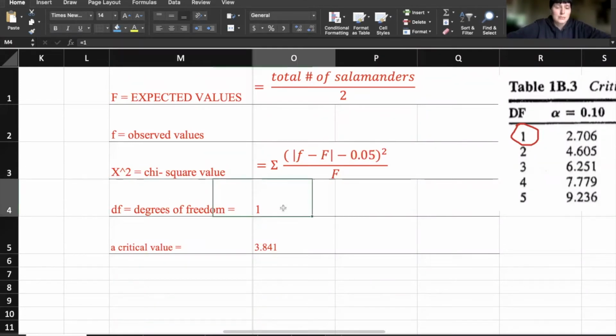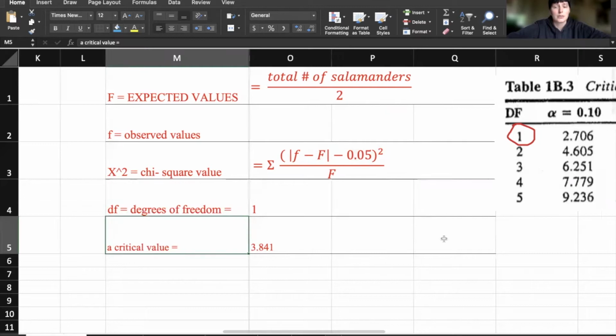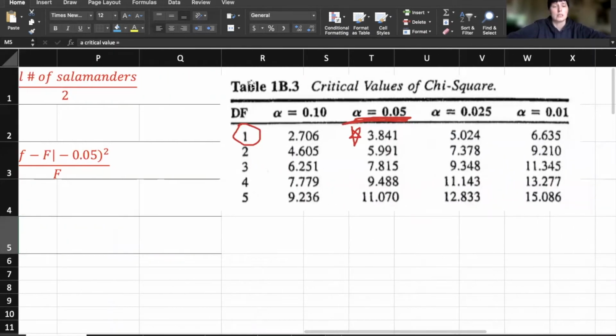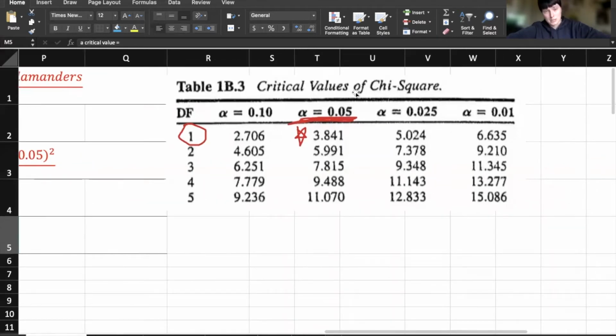The degrees of freedom is 1 for this. And the alpha critical value you can find in Table 1B3 from Handout 1B from the Brower and Zar textbook, that's been referenced a couple times this semester. So we're using alpha equals 0.05.